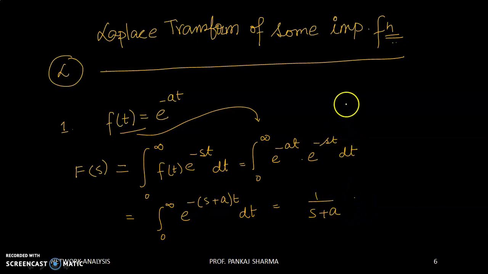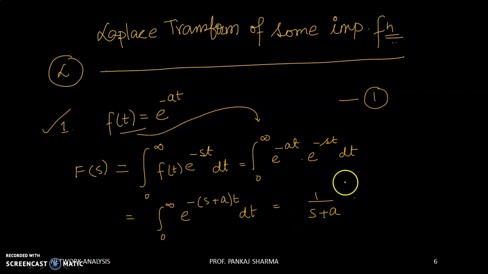Call this equation number 1. f of t is equal to e raised to power minus at. So F of s here is 1 by s plus a. Now see this, compare this. f of t was e raised to power minus at, and F of s is the same time domain function converted into frequency domain function via mathematics, Laplace transformation, which is very easy to see.